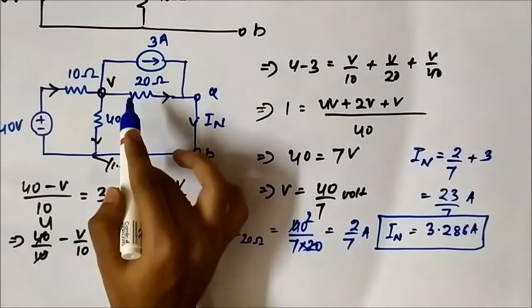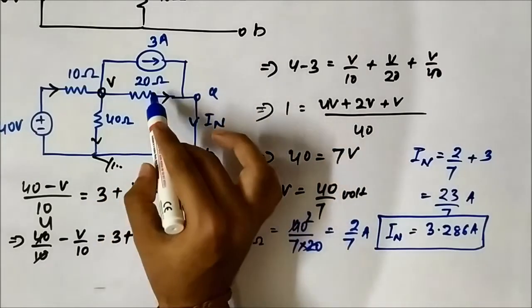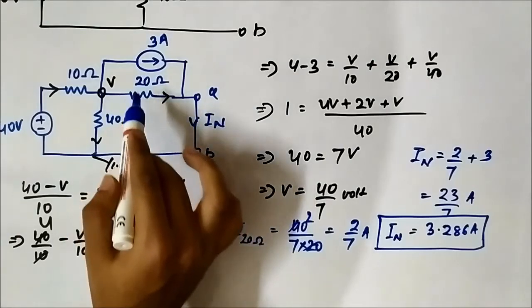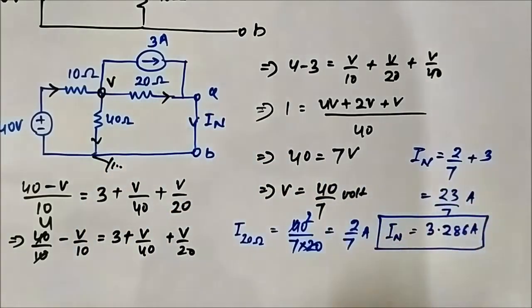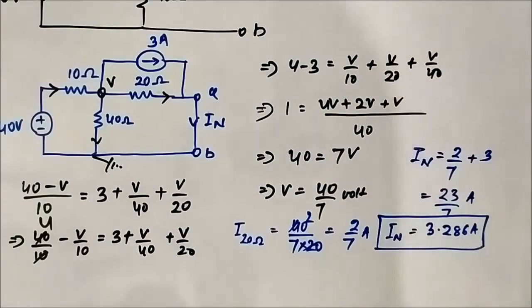First we determined the current flowing through this 20 ohm resistor, then we added this 3 ampere and this I 20 ohm current to get IN, which we got as 3.286 ampere. So we have got the Norton current.